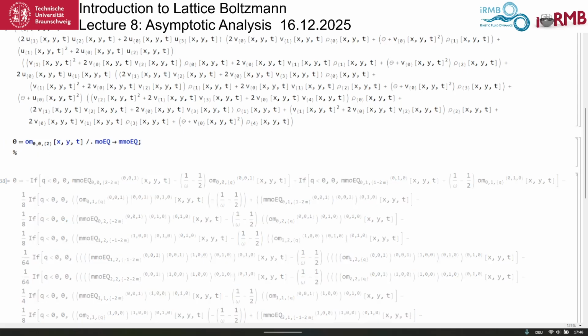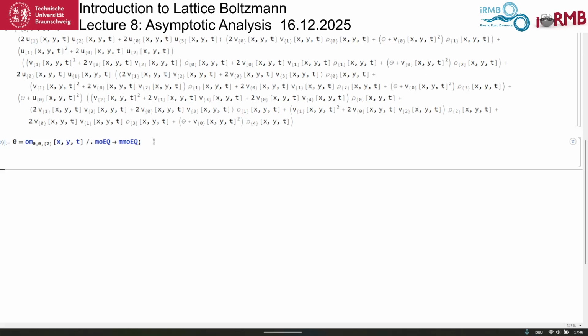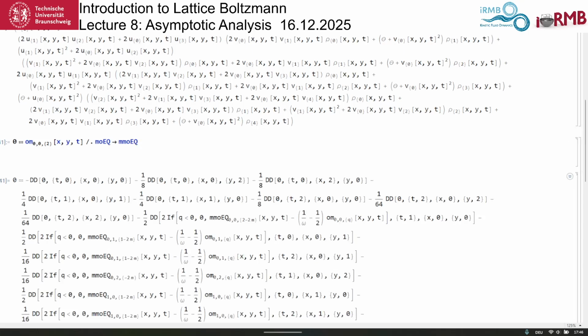Okay, now I got a few confusions in between. Let's go back to this. We don't see anything because I wrote a semicolon. So now these are the derivatives. If we take the derivative, they should evaluate to 0.